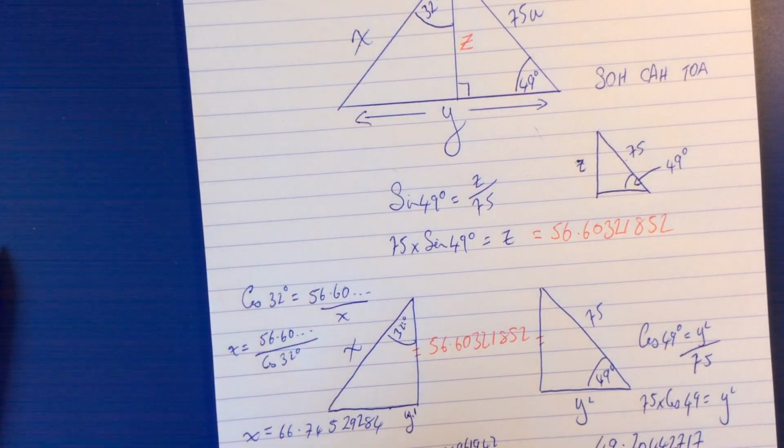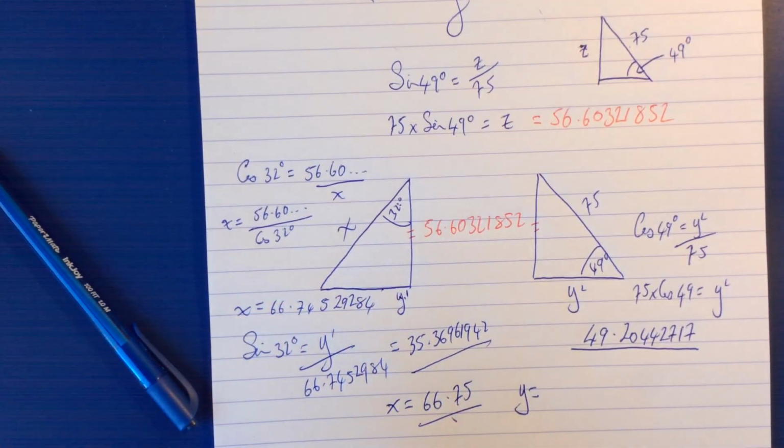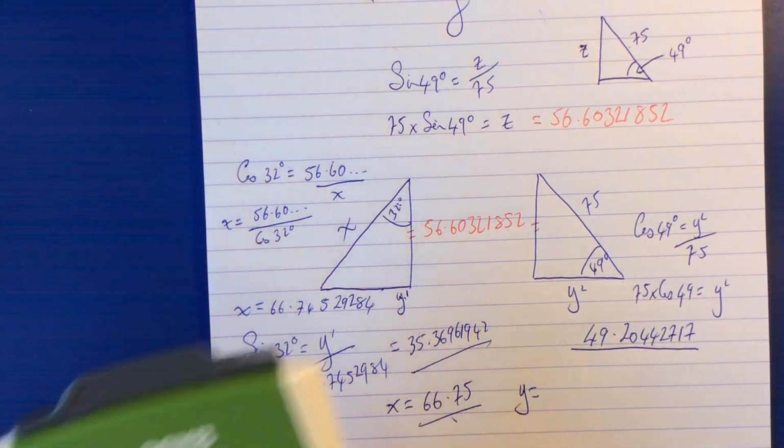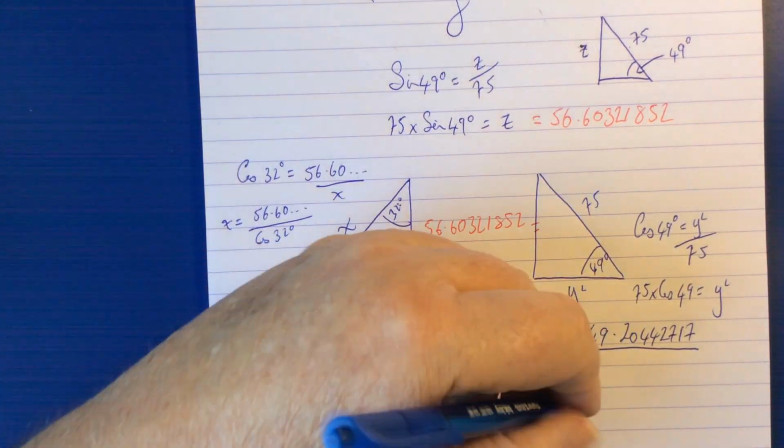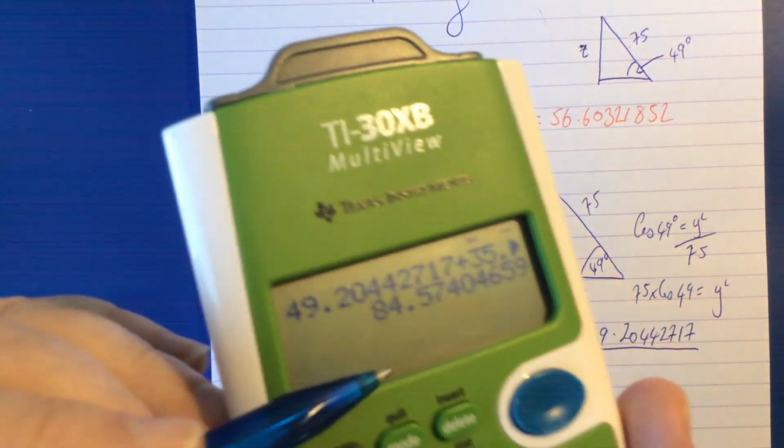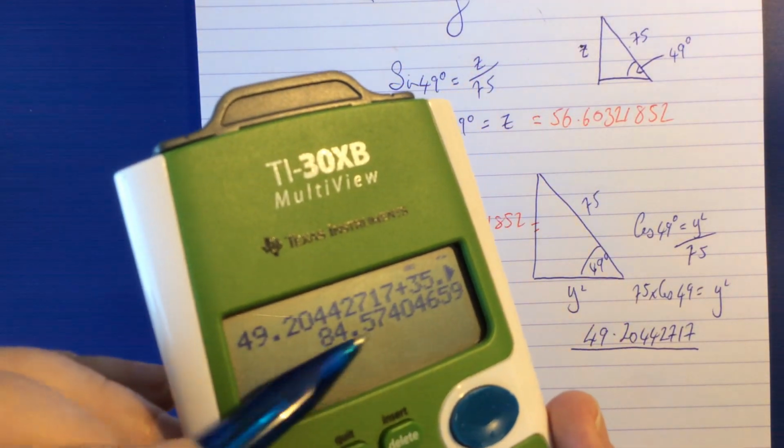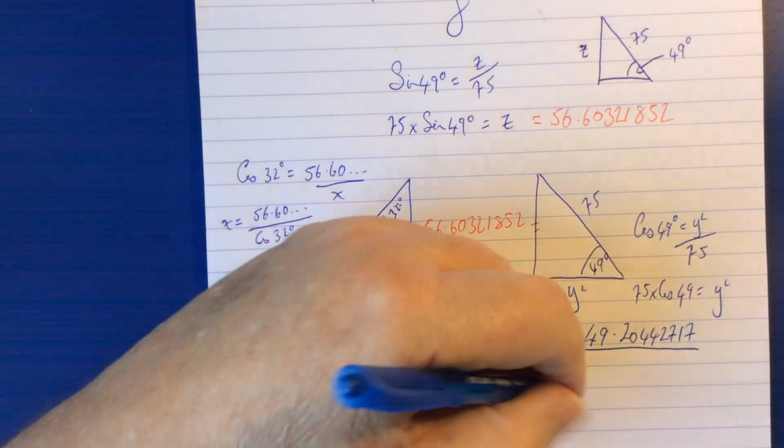Y is equal to 49.20, I'll put that in frame so you can see it, 20442717 plus 35.36961942. And that gives me 84.57. I'm rounding to 2 decimal places. You can see that it'll be 84.57.